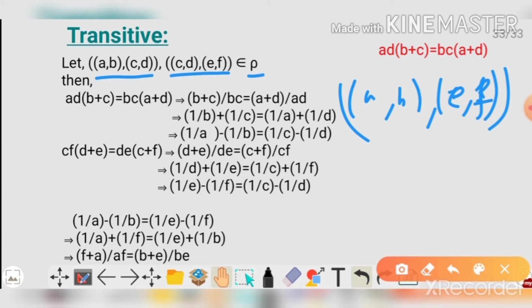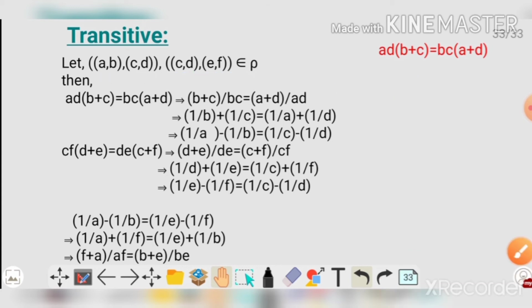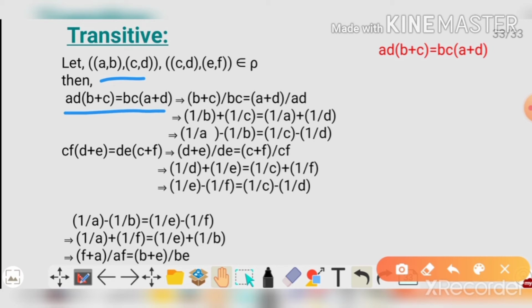For this we have done so many things, so let's start from the beginning. As ((a, b), (c, d)) belongs to rho, it satisfies the given condition like this. As ((c, d), (e, f)) belongs to rho, it satisfies this condition. Now we have rewritten the relation and got this line. How did we do this?